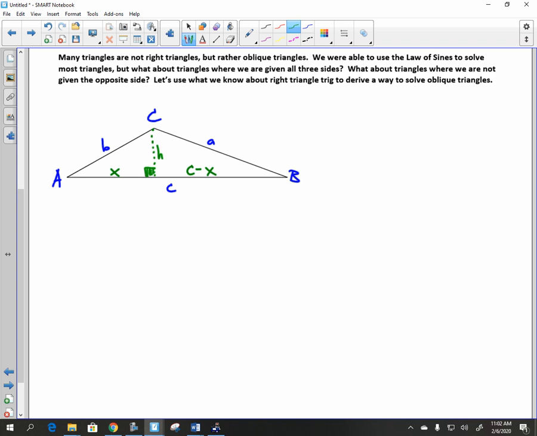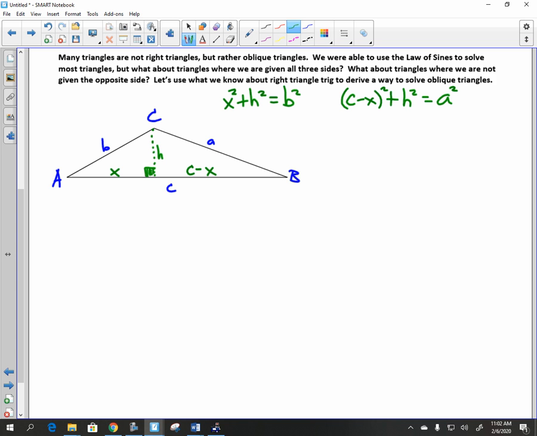I now have two triangles, and I'm going to do something really cool. I'm going to write the Pythagorean theorem for each triangle. The first one is going to be x squared plus h squared is equal to what? B squared. And I have another one, c minus x quantity squared plus what? H squared is equal to a squared.